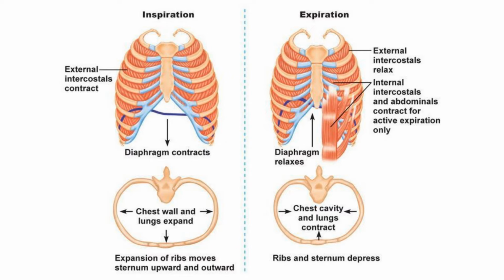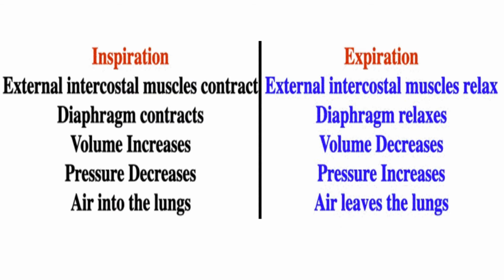The chest cavity and lungs contract, and the ribs and sternum depress. During inspiration, external intercostal muscles contract, the diaphragm contracts, volume increases, pressure decreases, and air passes into the lungs. While during expiration, external intercostal muscles relax, the diaphragm relaxes, volume decreases, pressure increases, and air leaves the lungs.